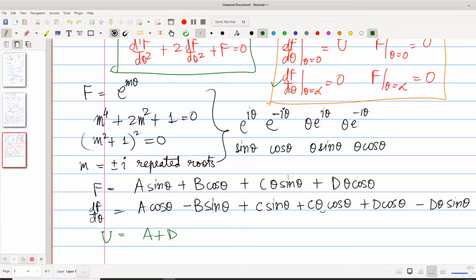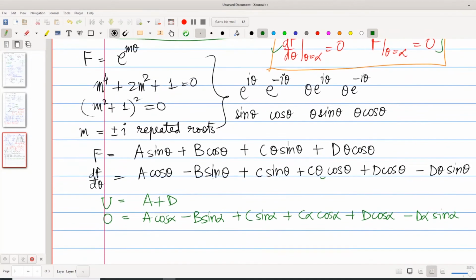Now what about this boundary condition? That will say 0 is equal to A cos alpha minus A sin alpha, plus C sin alpha plus C alpha cos alpha plus D cos alpha minus D alpha sin alpha. And then the two other boundary conditions are f is 0 at theta equals 0 and alpha both.